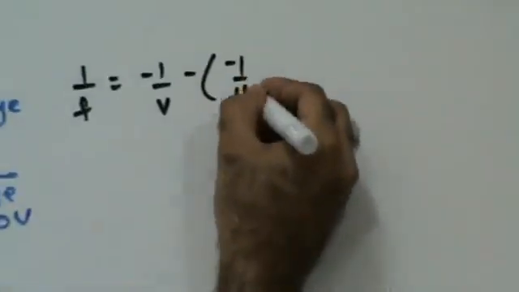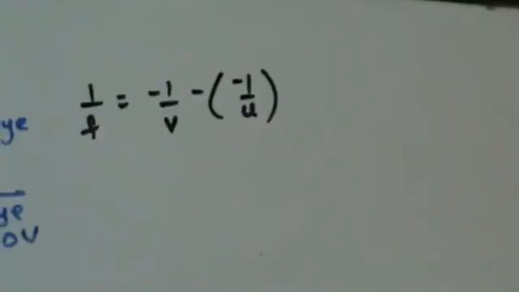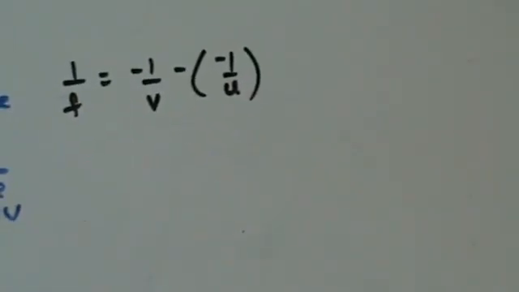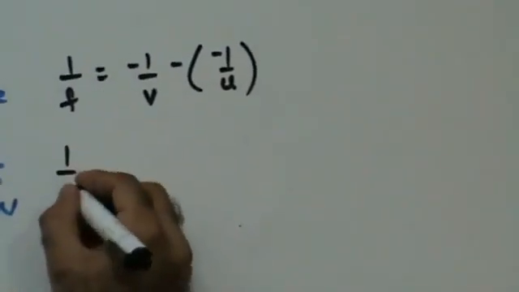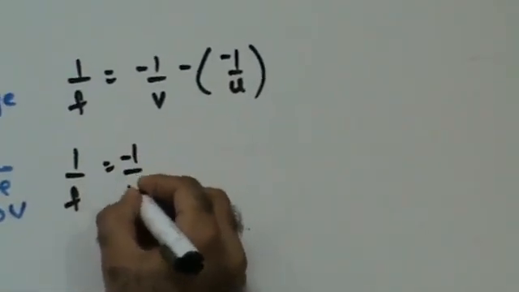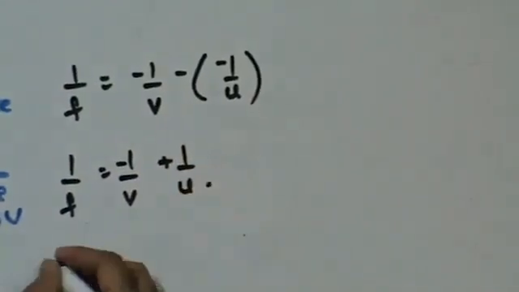If I use the sign convention here, I will get 1 upon f is minus 1 upon v minus 1 upon u. I am applying the sign convention here, right? So therefore 1 upon f is minus 1 upon v plus 1 upon u.